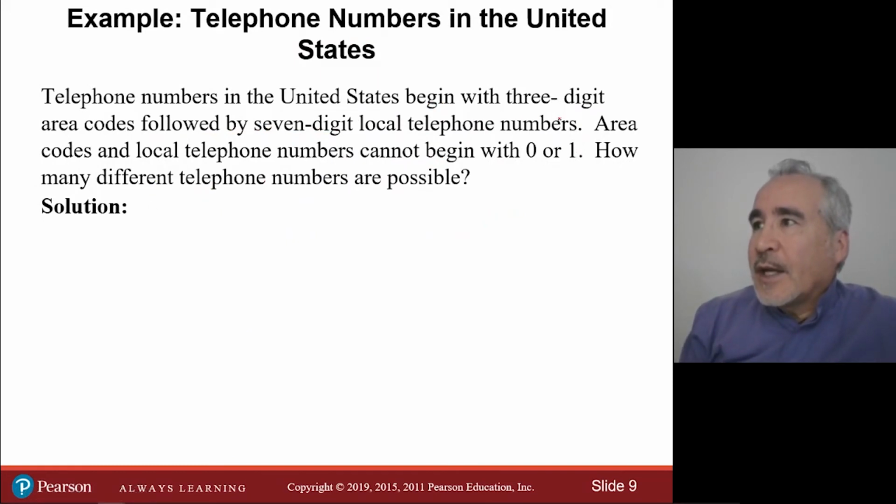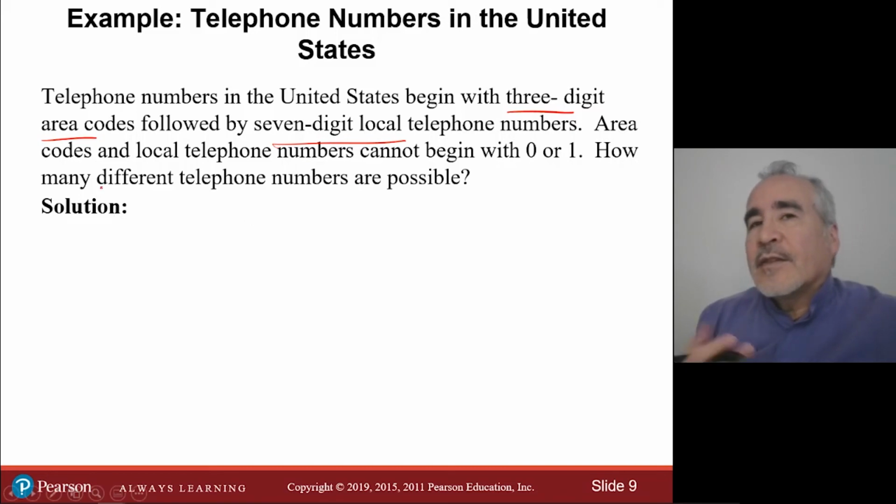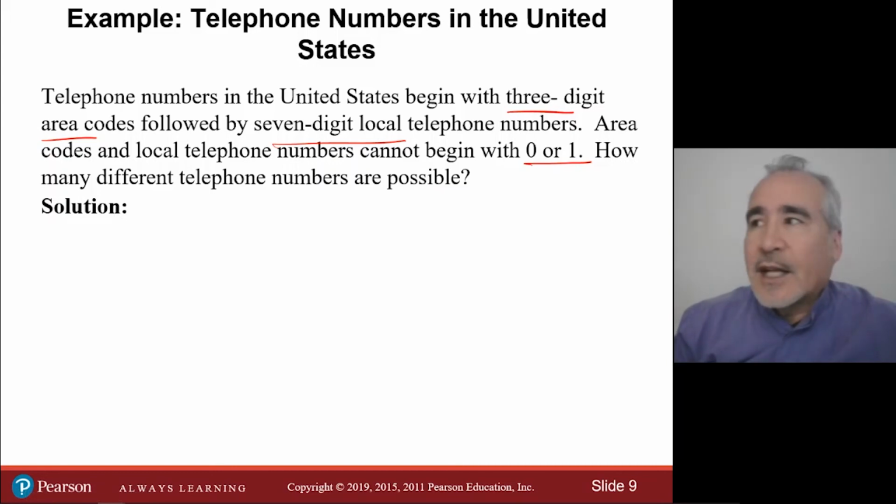So you have 3-digit area codes and a 7-digit local telephone number. Now, for area codes, they cannot begin with a 0 or 1. That's just a rule, because usually you use the 1 for long distance and 0 to get to the operator. So how many different telephone numbers are possible?